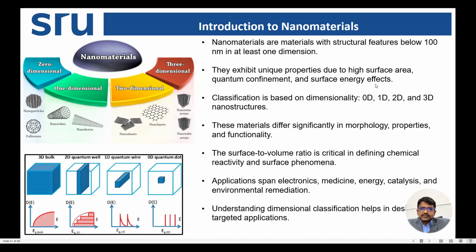We have discussed very clearly that there are two main reasons for the effects of nanomaterials, two very important properties: the surface area to volume ratio, and the second one, quantum confinement.